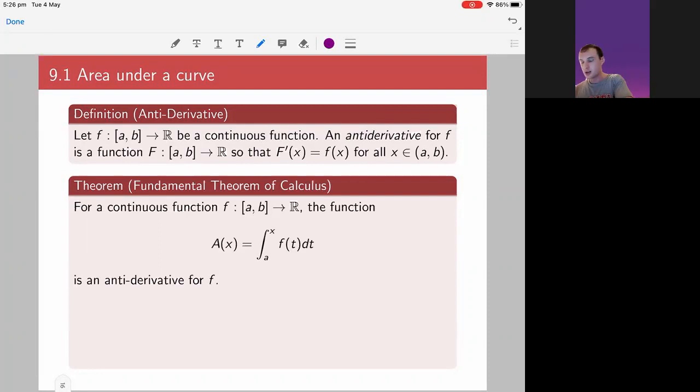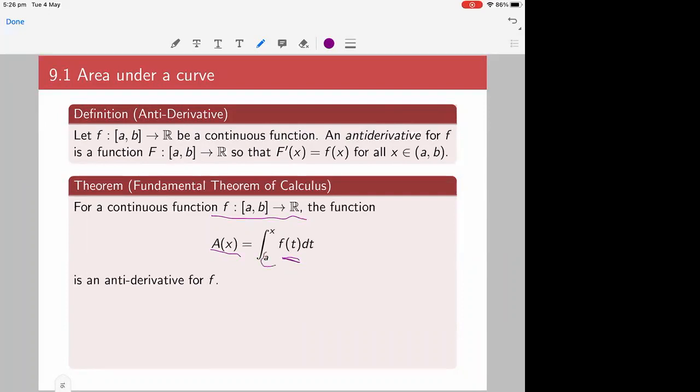Let's say you've got a continuous function f that goes from a closed interval into the real numbers. Then I'm going to define a new function. This gets a bit tricky. The new function I have is going to be A of x. It's defined to be the Riemann integral of this function f. Now, when I take a Riemann integral, I need to specify what my bounds are.